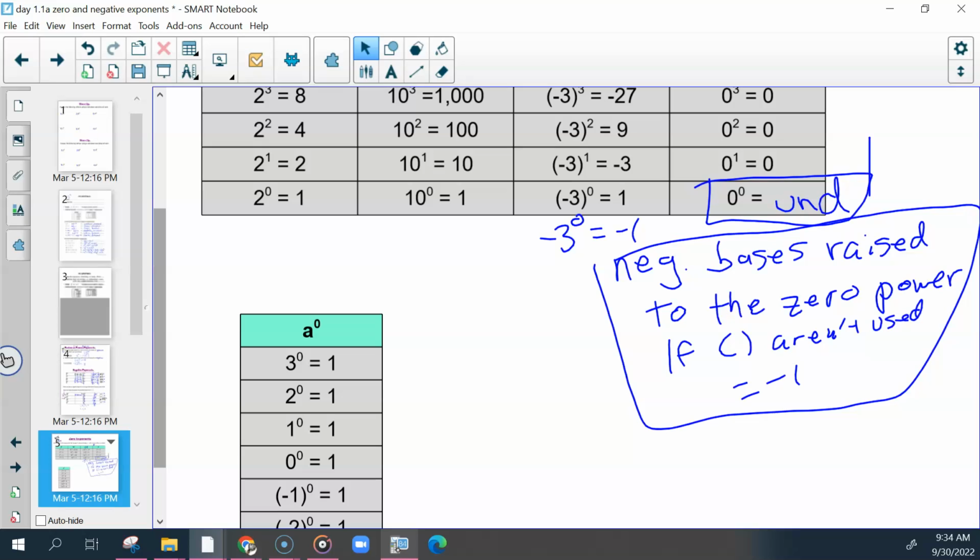So if I said, what is 1,000,000 raised to the 0 power? 1. What if I said infinity raised to the 0 power? Still 1. The answer is not going to change. Even if I started making up things like apple to the 0 power, it's still 1. No matter what, it's still 1. Unless it was a negative.